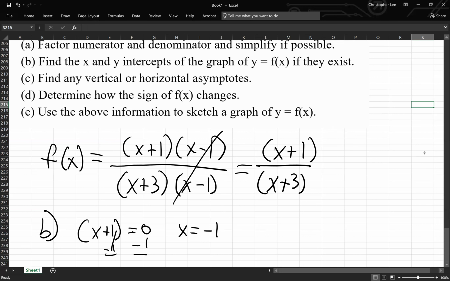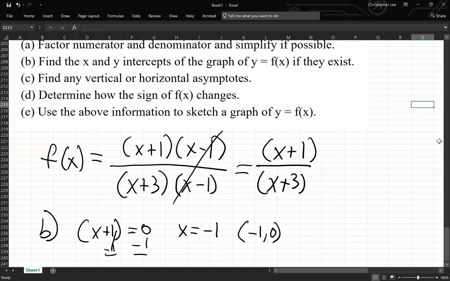Remember, anytime we have a factor like this, that's going to leave a gap in our graph. So x equals -1 is my x-intercept, so (-1, 0). There we go.